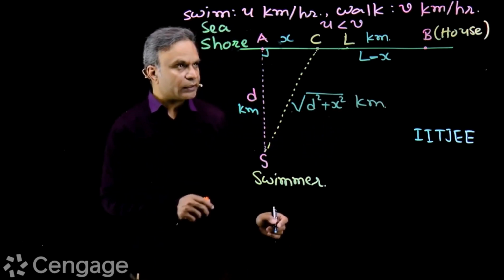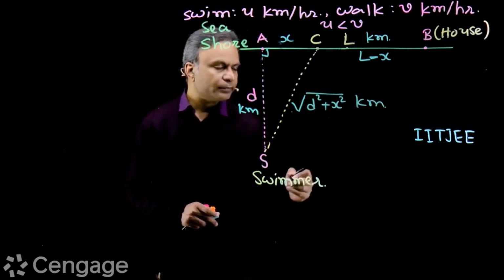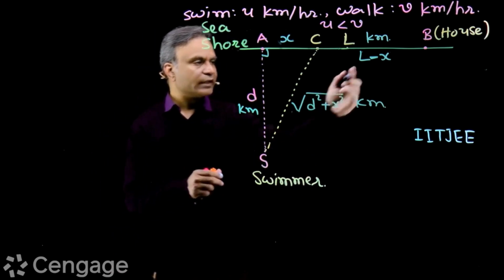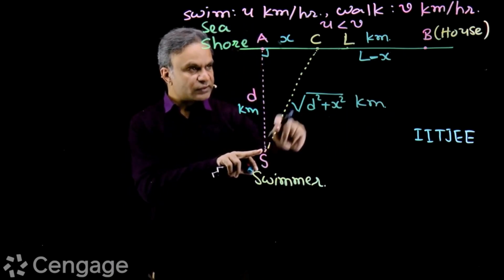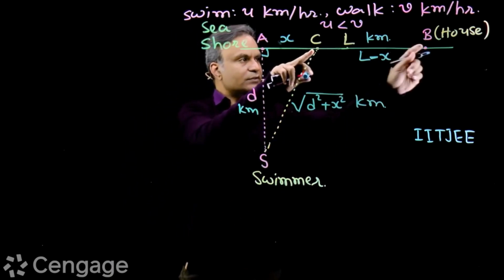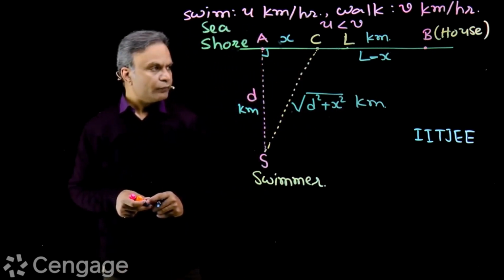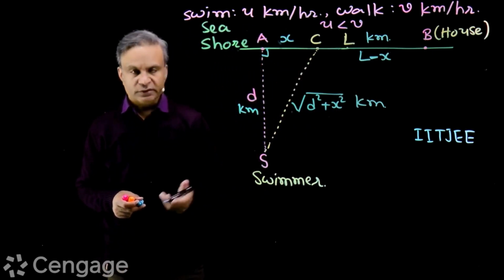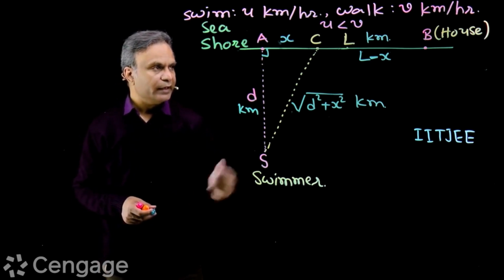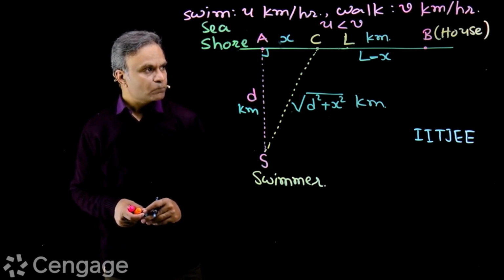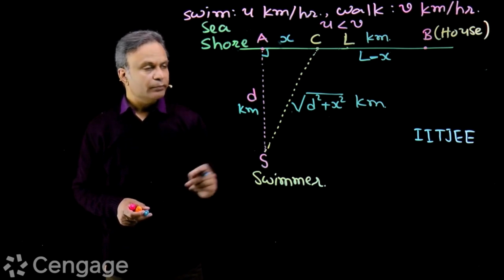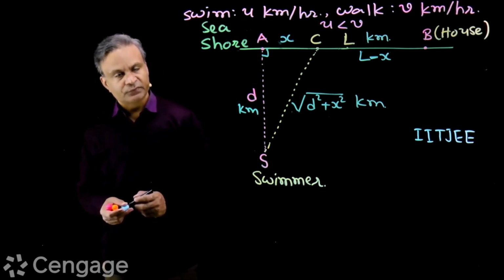That means he swims root d square plus x square kilometers and walks L minus x kilometers, okay. This distance he swims and this distance he walks, okay. Now we have to find the least time in which he can reach his home if he lands here. Okay, here x is variable, so definitely time taken by him will be a function of variable x.